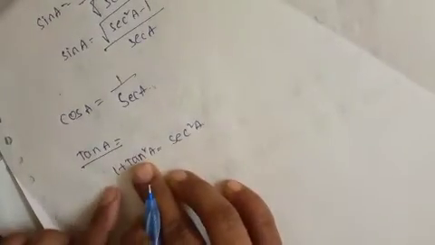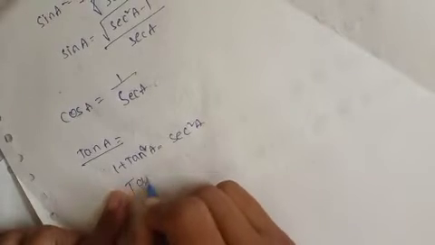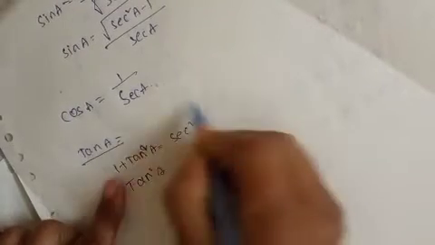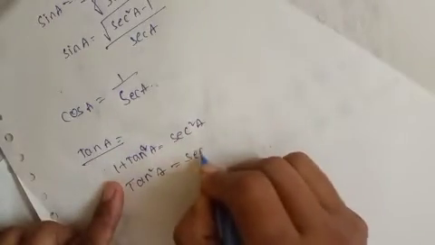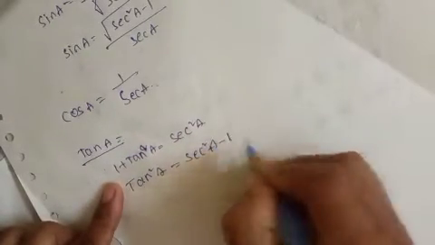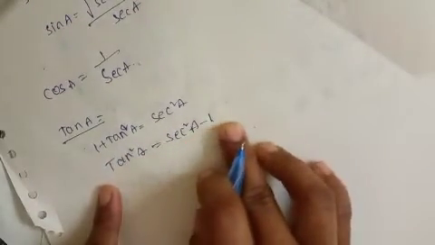But I need only the tan A value. So for this, the 1 goes to the RHS, so it will be secant square A minus 1. Tan square A equal to secant square A minus 1.